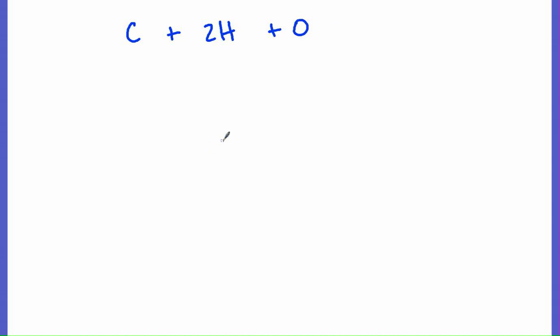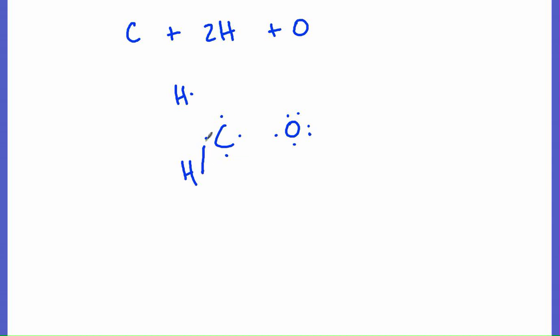Again, if you just paused and unpaused, hopefully you did try to do this on your own first. I'm going to take a carbon, put it in the middle because it makes the most bonds, and then I'll just put the other atoms around it. And when it's all said and done, everything essentially gets connected to this carbon in the middle.